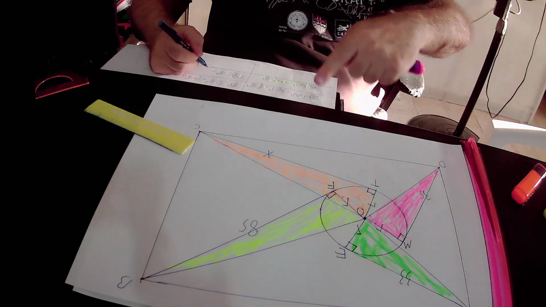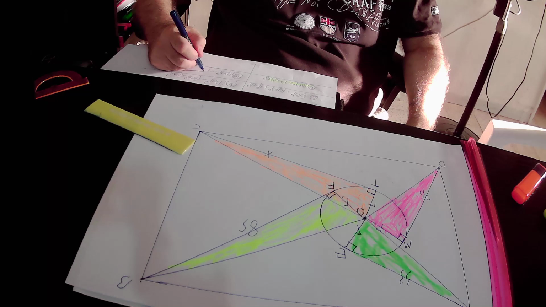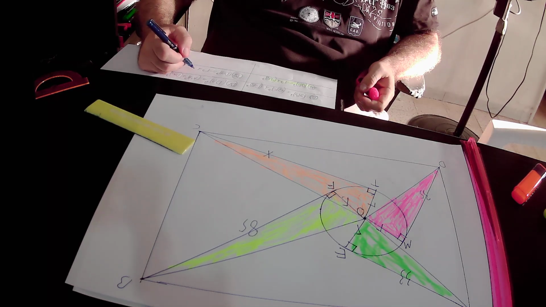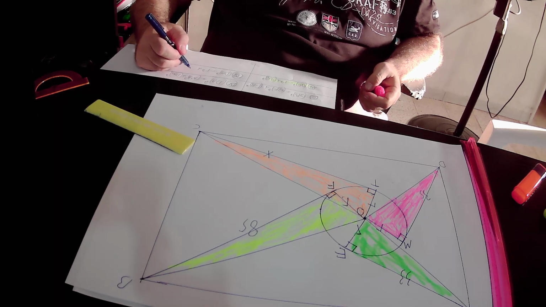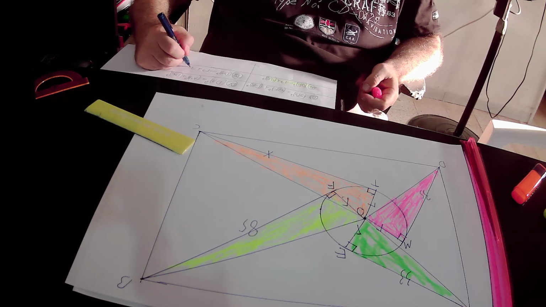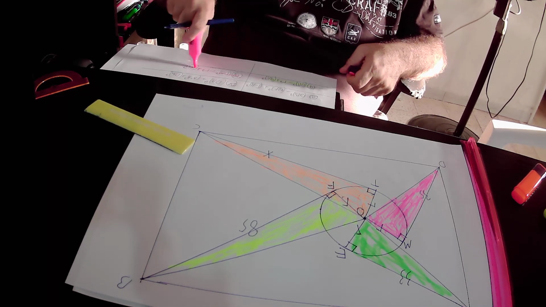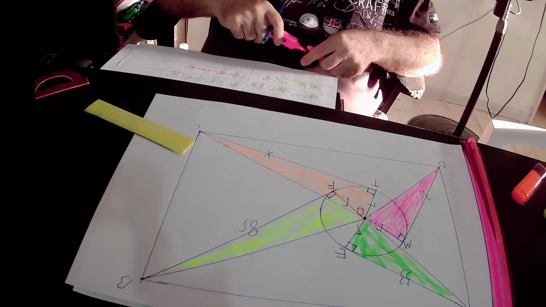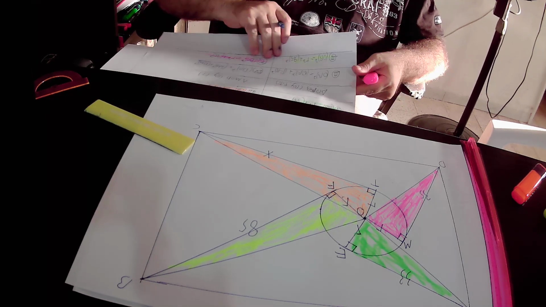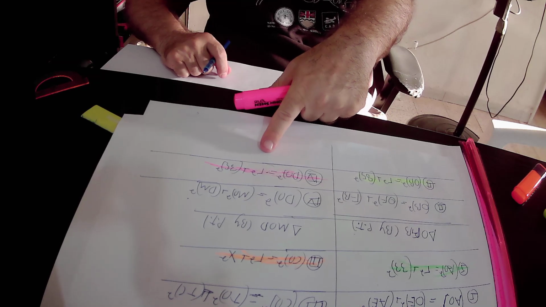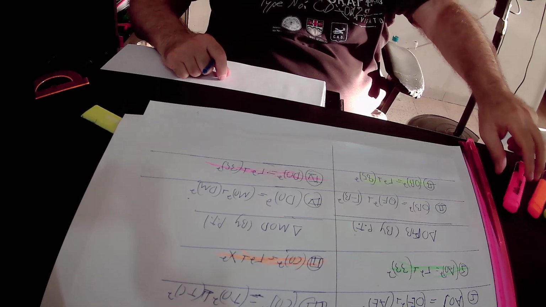MO equals R, therefore MO square is R square, plus DM square. DM equals 35, therefore DM square is 35 square. In conclusion, according to equation number 4, we found out that DO square equals R square plus 35 square.